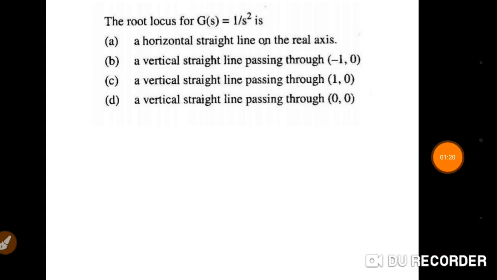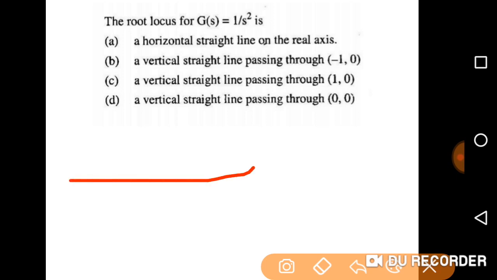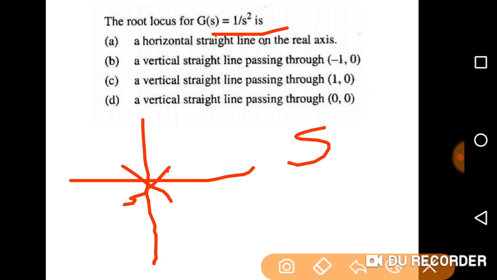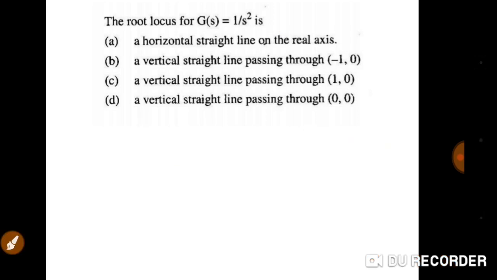This problem is from the concept of root locus. So these are the axes. The root locus of G(s) equals 1 by s square means two poles are present at the origin. S equals 0, two poles are present at s equals 0. So now we have to find out the number of asymptotes.